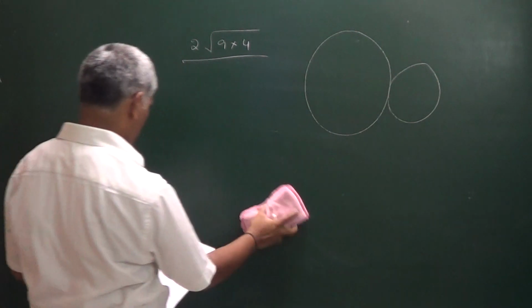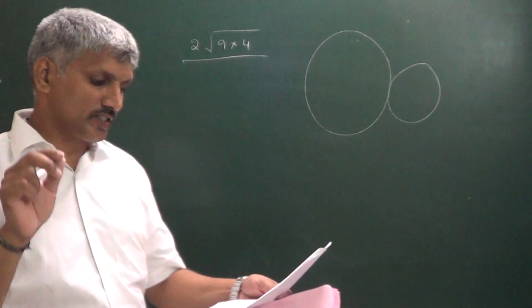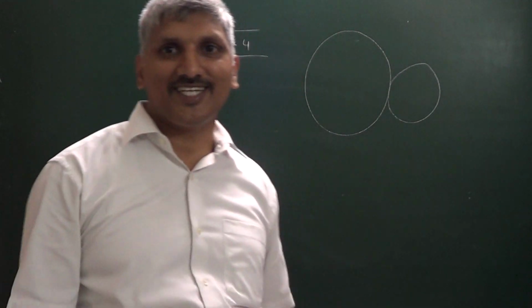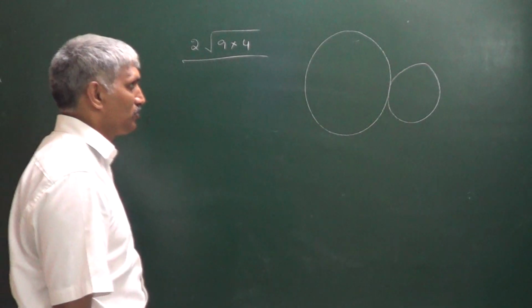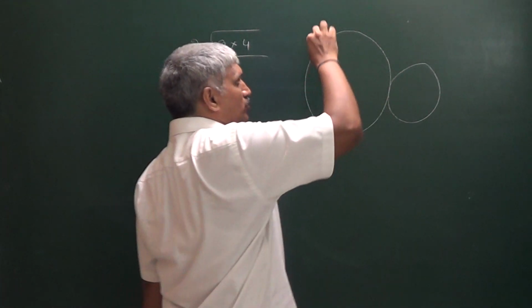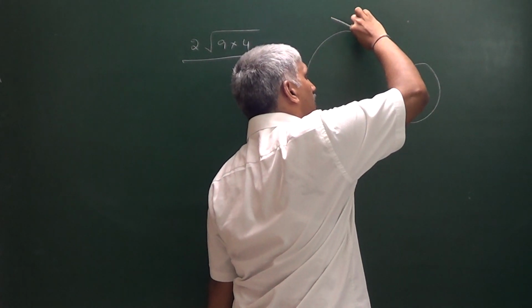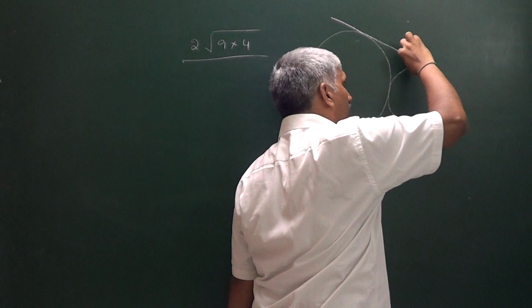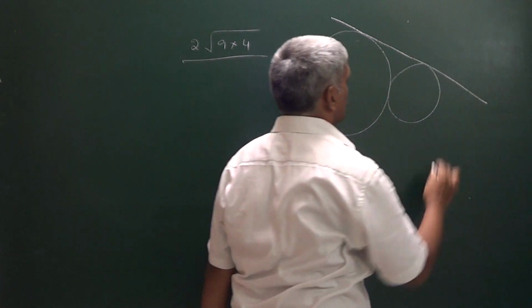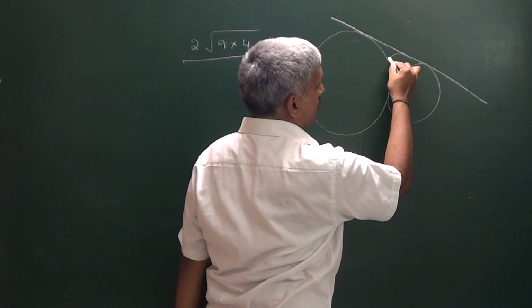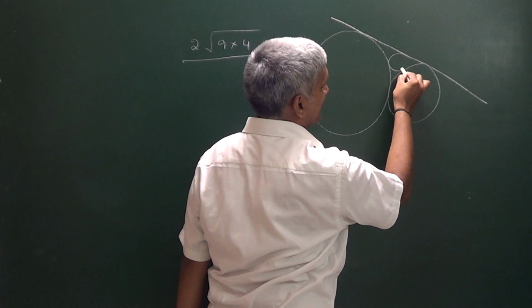In the same question he is asking for the radius of a circle which touches these two circles and also touches the direct common tangent. Very interesting question, you can see. We have to find the radius of this small circle.